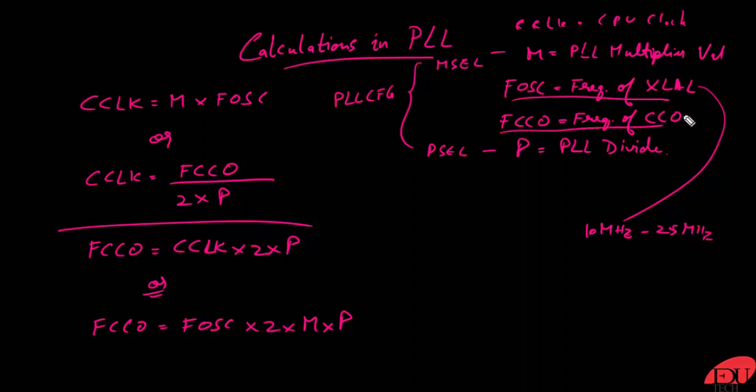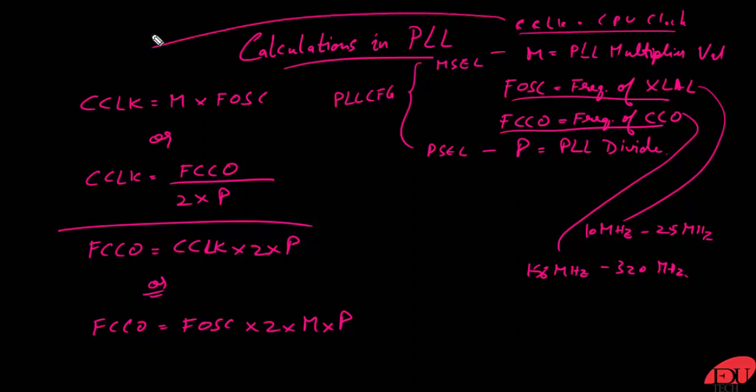The value of current controlled oscillator is in the range of 156 megahertz to 320 megahertz, and the value of CPU clock is between 10 megahertz and the maximum allowed frequency in the microcontroller, that is Fmax. So you can put all these values in these equations in order to calculate the appropriate or desired frequency.